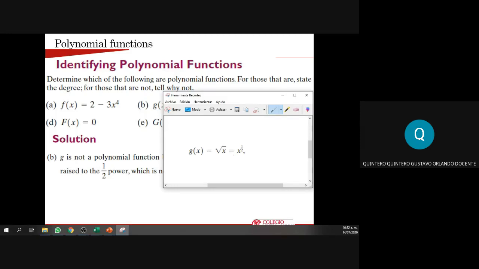This part is how you change from roots into exponents, right? You can change a root and make it an exponent. So take a look at this as an example, the cubic root of y. How did you change that into an exponent? That's actually pretty simple. You just do y elevated to the 1/3.